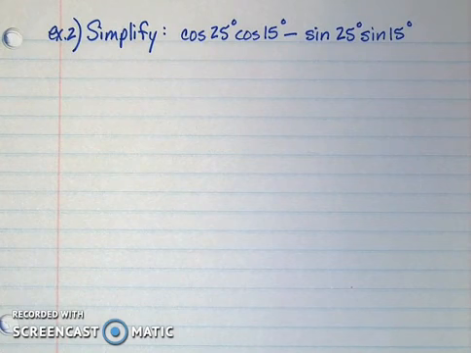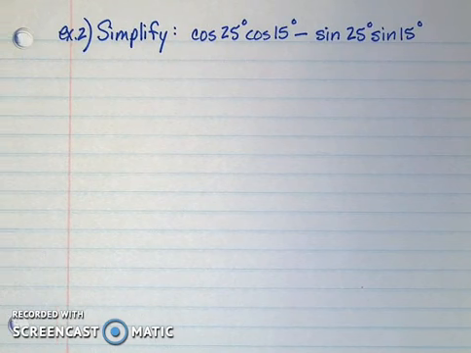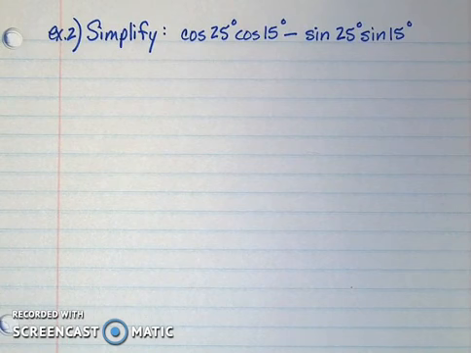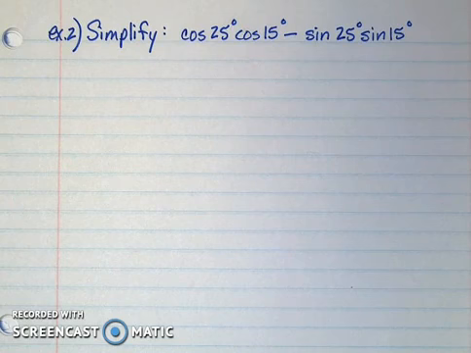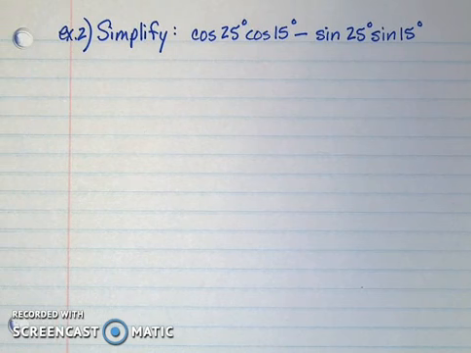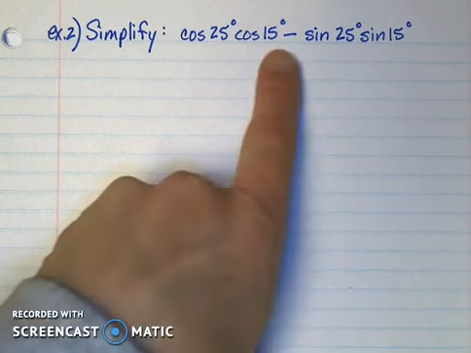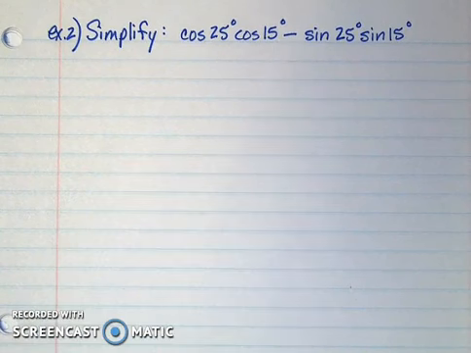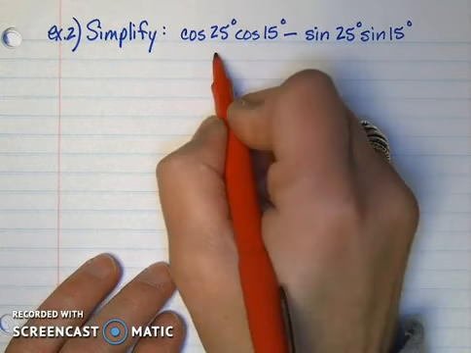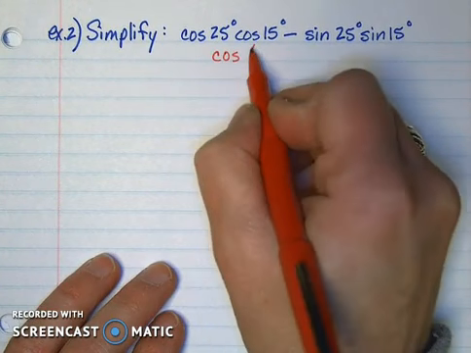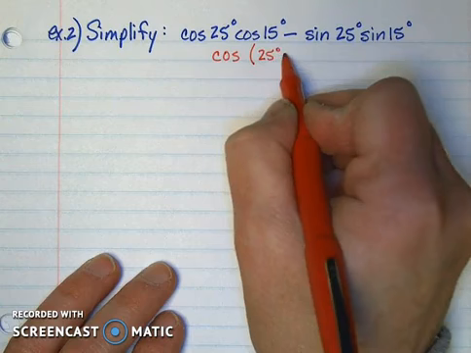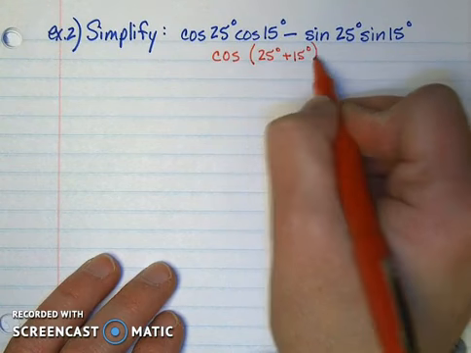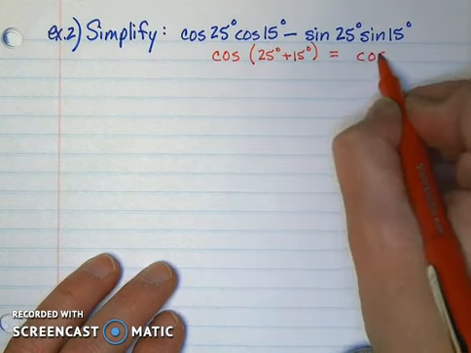And if you recognize the pattern in this, if you see that it's got a cosine times cosine and a sine times sine, you recognize that that is one of the cosine sum and difference formulas. And if it has a subtraction sign here in the middle, then you know that the formula used is the sum. So this combines to the cosine of 25 degrees plus 15 degrees, which is simply the cosine of 40 degrees.